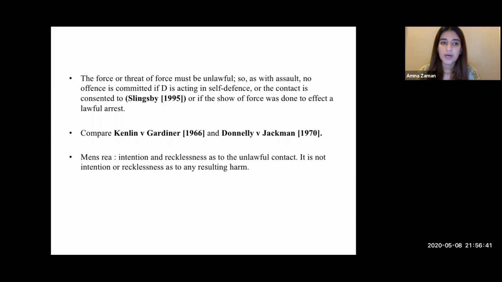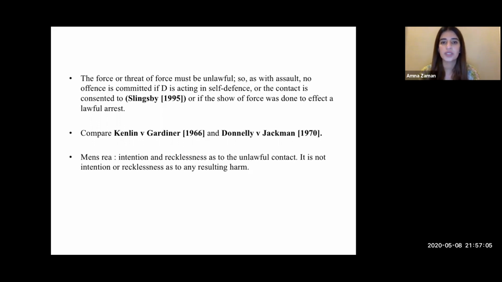Another important requirement for battery is the fact that the force or the threat of force, be it assault or battery, even if there's application of force or a threat of force, has to be unlawful. And there are certain situations where the application of force or threat of force will not be unlawful.